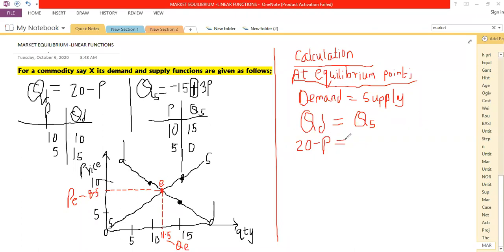We equate it to the quantity supplied as a function of price, minus 15 plus 3P. You group the right terms together. Of course, you bring the price to one of the sides, either right or left. Either way, it will still work.